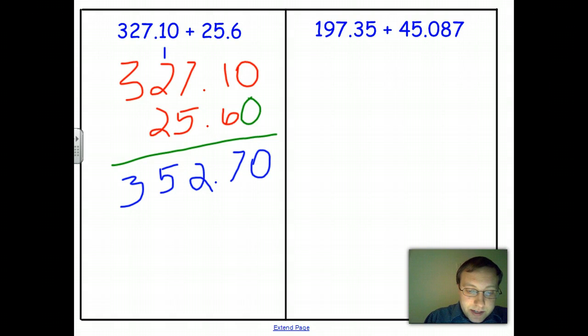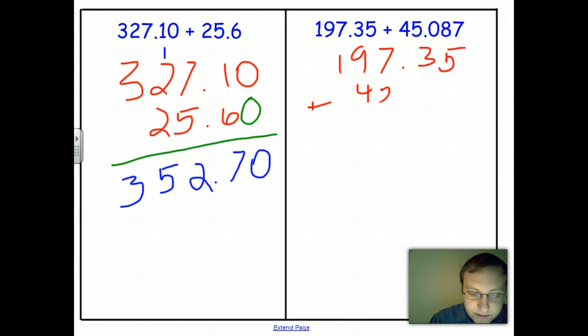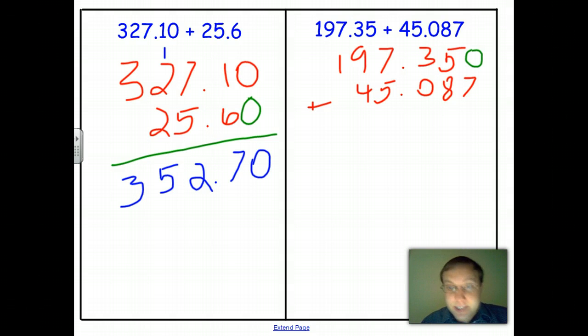Now if we do the same thing over on the left-hand side, where we have 197 and 35/100ths plus 45 and 87/1000ths, we can see that we need to add a place value marker placeholder in the top number, in the 197 and 35/100ths, to represent that there are 0 thousandths there.